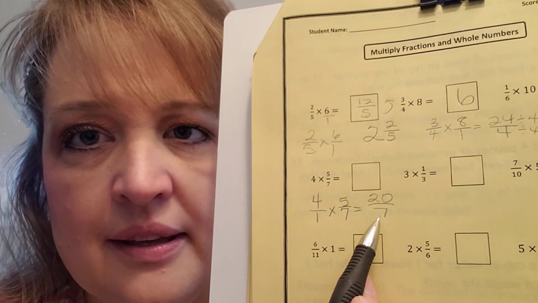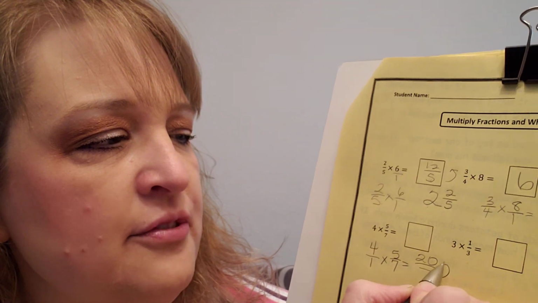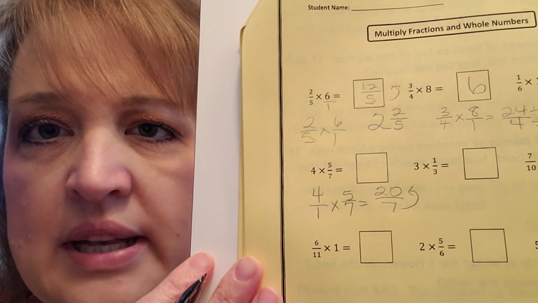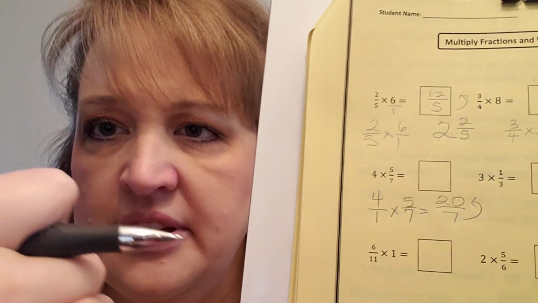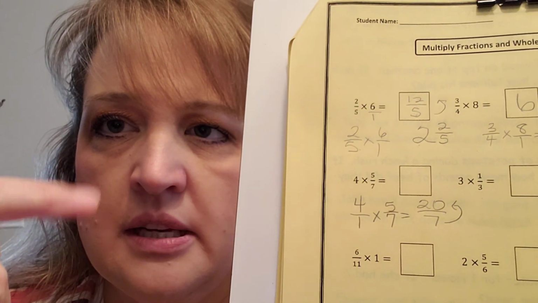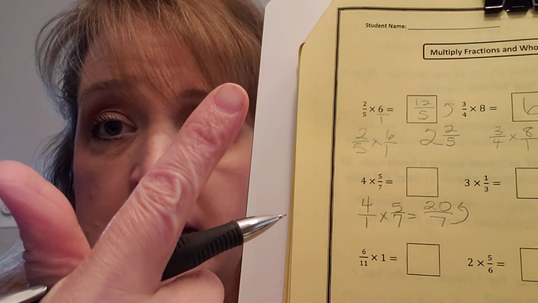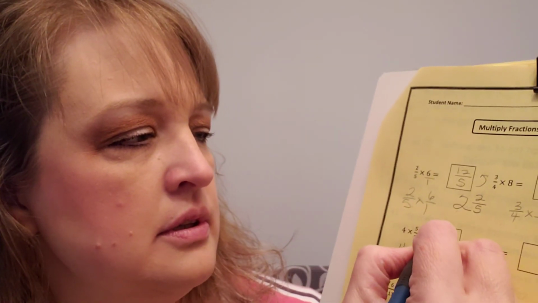This is not big compared to this. So I'm going to ask myself, how many 7s are in 20? Well, let's count by 7. 7, 14, 21. Well, I can't go to 21, but I can go to 14, which is 2.